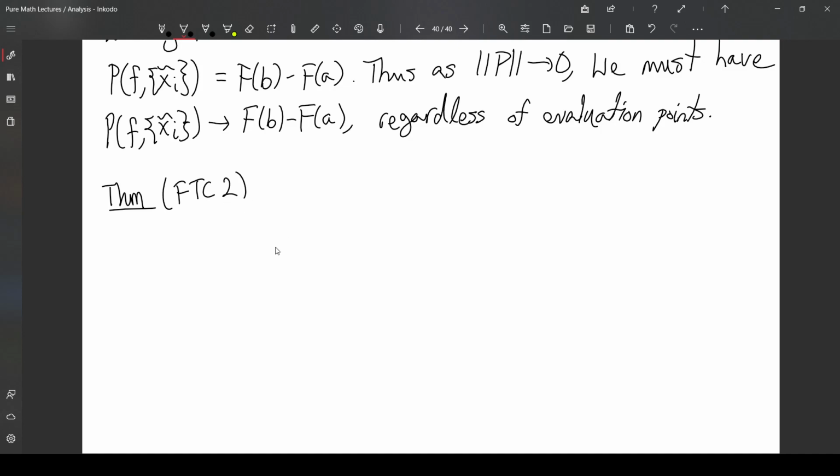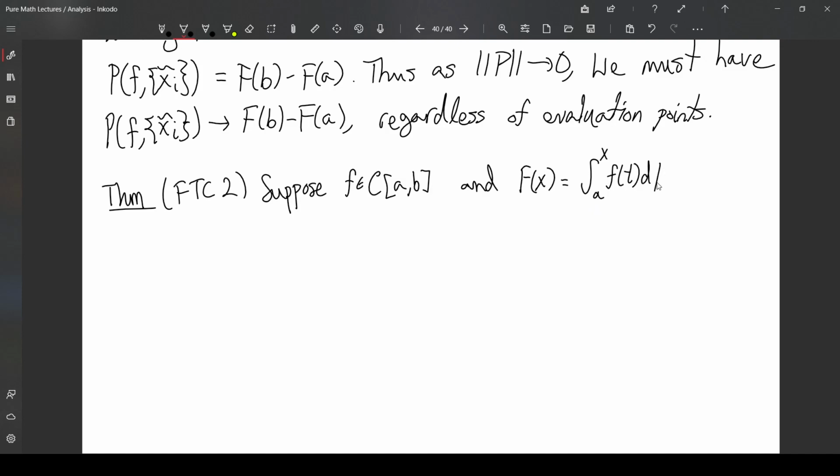What the second version is going to say is that if we start out with f being a continuous function on the interval a to b, and we define a function capital F of x to be the integral from a to x of f of t dt, right?